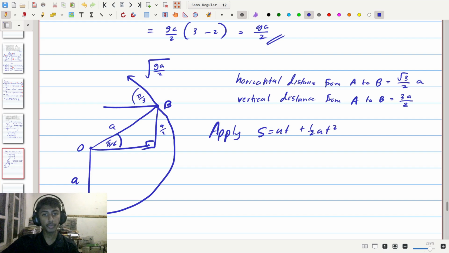In this particular situation, applying it horizontally in this direction, we're going to assume that it travels the distance that we want, which is root 3 over 2 A, equal to ut plus half at squared. Now u in this case is this velocity times the cosine of pi by 3, so it's root GA over 2 times the time, which we don't know, which I'm going to call t, plus half at squared.